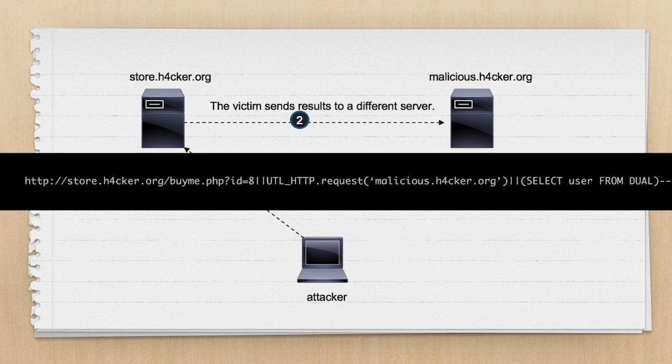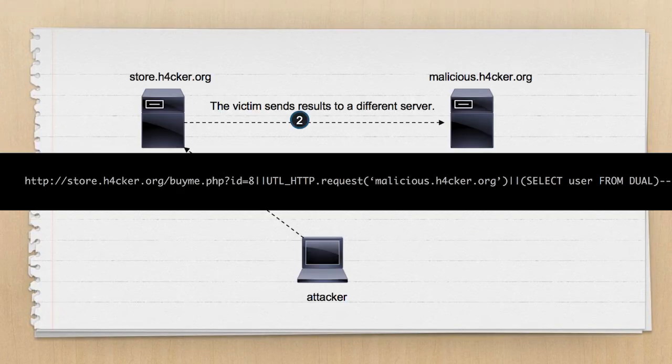Now let's take a look at a malicious SQL string to do that type of out-of-band exploitation. In this case, I have store.hacker.org, some PHP file called byme.php, the ID equals 8, and then in there I'm putting UTL_HTTP.REQUEST, which is the command to send the output to malicious hacker.org.